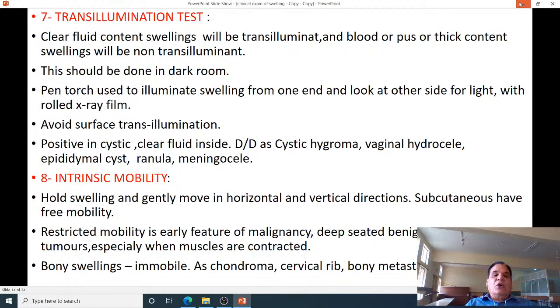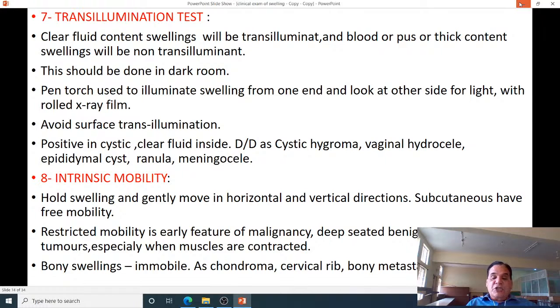Okay. Now transillumination. This is a very important diagnostic test. All swellings containing clear fluid are transilluminant. Whenever the fluid is thick like blood or pus, it is non-transilluminant. Preferably in the dark, you must use a pen torch and something dark like a rolled X-ray film.